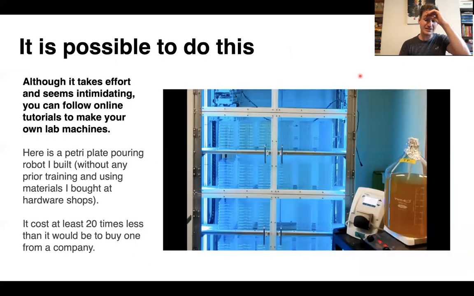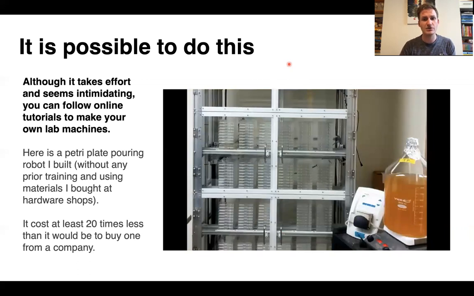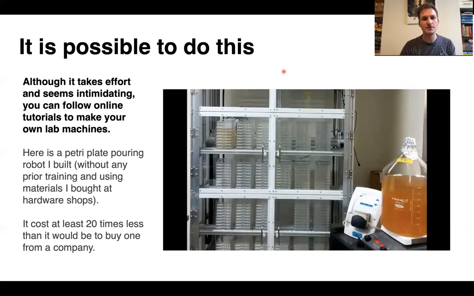And I thought this was impossible, but I was presented with a challenge once in my career. I needed to pour a lot of Petri plates, and so I actually created a robot that could pour Petri plates. This video here is a robot that I built, not by myself, but with the help of people that could pour Petri plates.